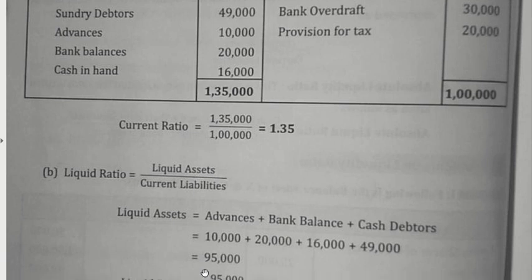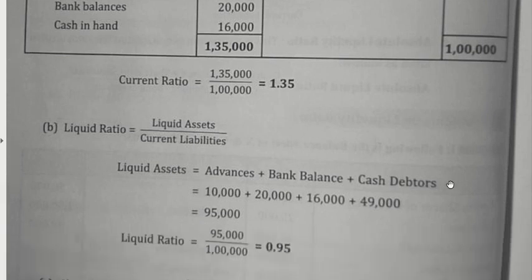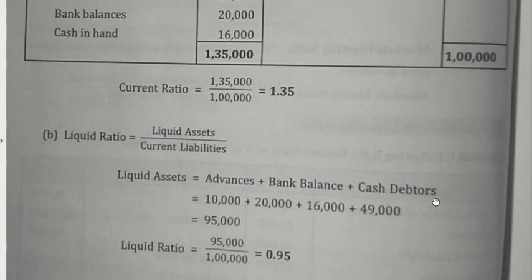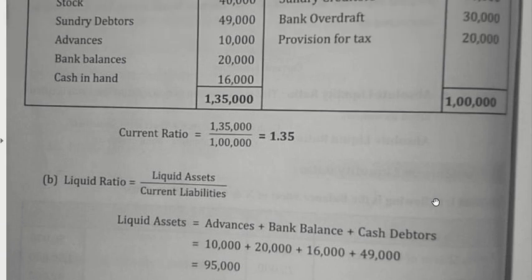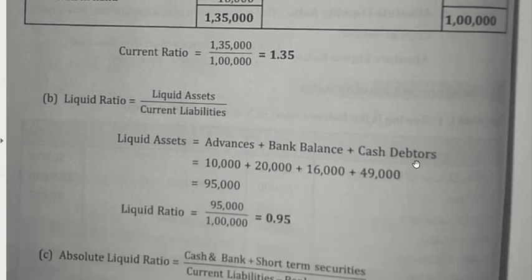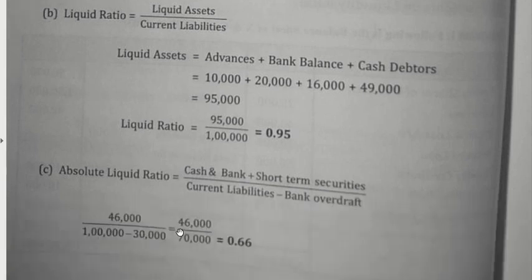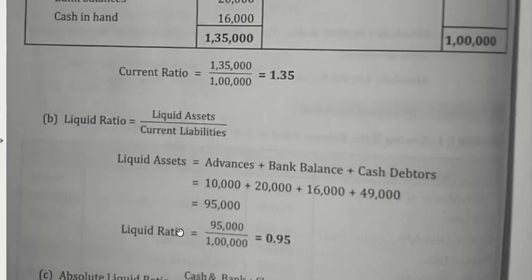The total you get is 95,000. Don't get confused, they have added the amount. So your liquid ratio is 95,000 divided by 1 lakh, which is 0.95.